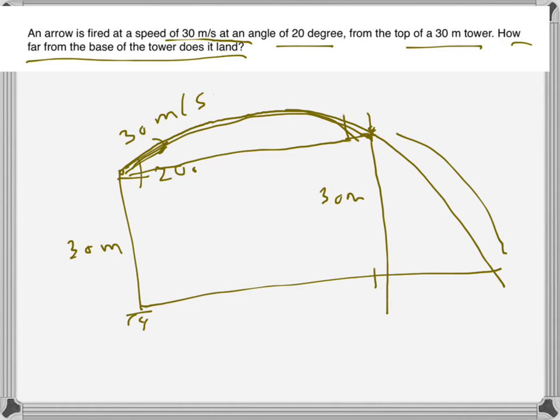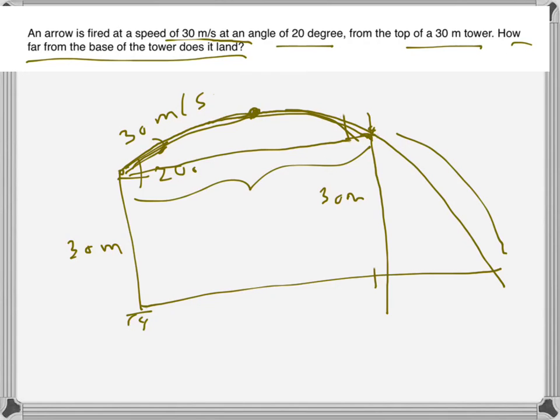So if we want to find this distance first, what we need to find is how long it takes to get there. And we know that halfway through, when the arrow reaches maximum height, the vertical component of the velocity becomes 0.